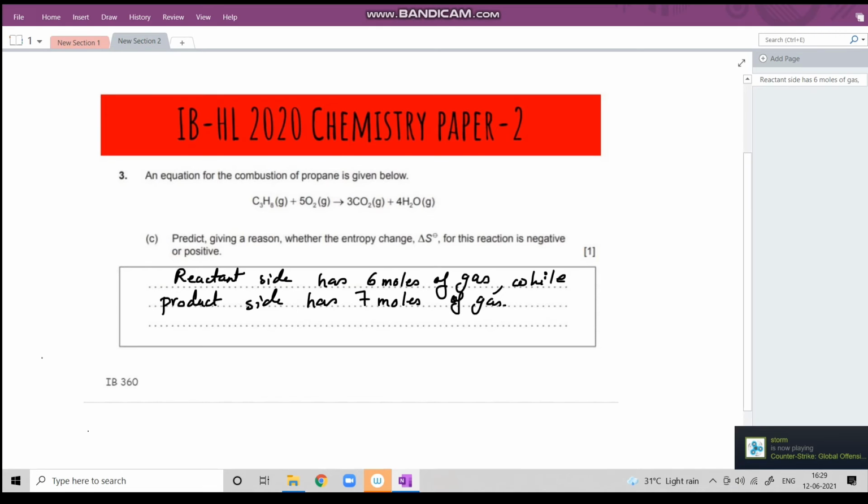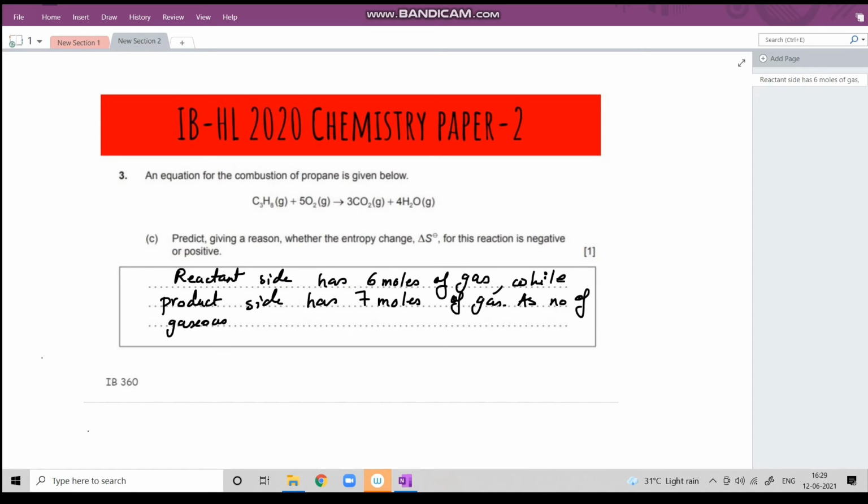As the number of gaseous products is increasing, our delta S, or the entropy change, is positive. Delta S is positive.